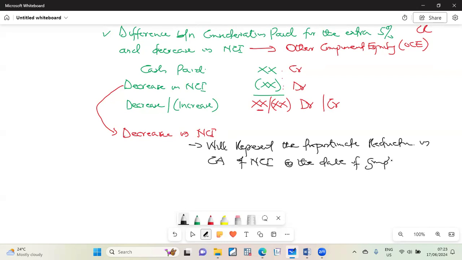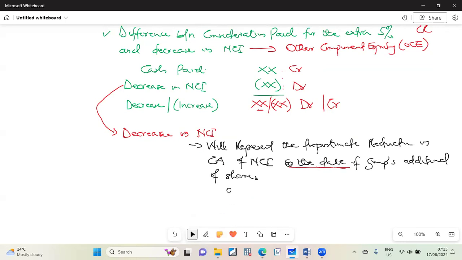So that additional purchase that was done, the group's additional purchase of shares, that is the date. Please bear in mind, dates are important, especially in consolidation, all right?